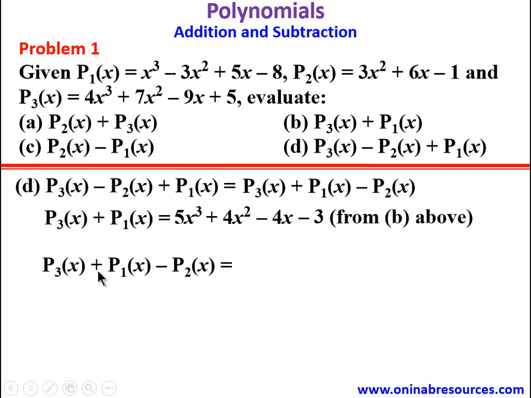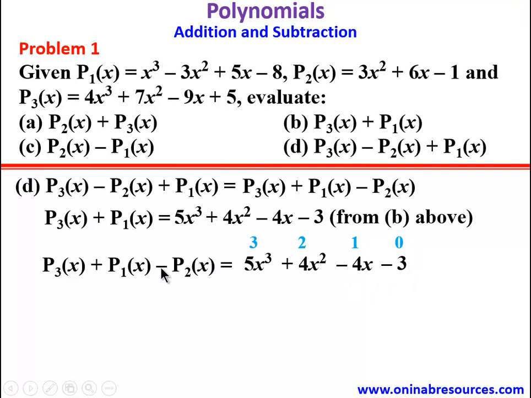So we can now go ahead to say P3 of x plus P1 of x minus P2 of x is equal to, we have already gotten this to be this. So bringing out our numbering, 3, 2, 1, 0, so that 5x raised to the power 3 comes under 3, 4x squared comes under 2, minus 4x comes under 1, and minus 3 comes under 0.